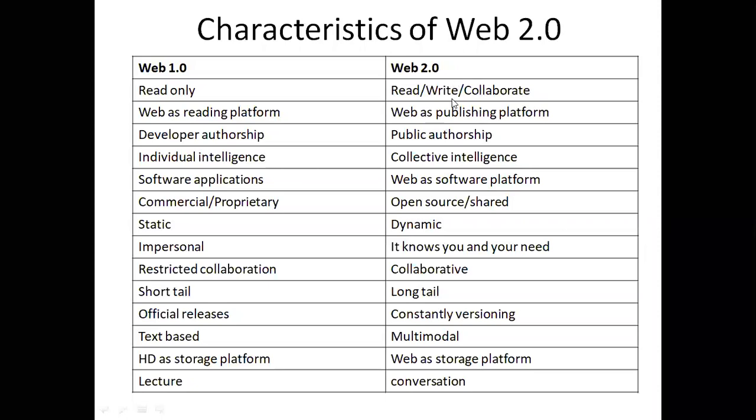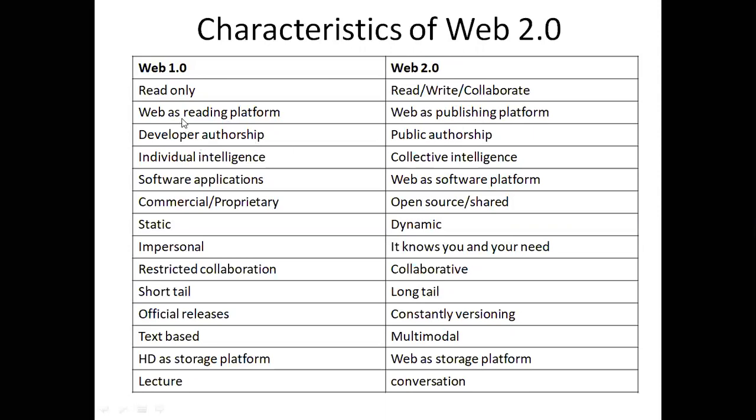You can read, you can write, and you can even go for collaboration. Web 1.0 was a reading platform, just to read whatever content you wanted. Whereas 2.0 was advanced and also a publication platform. If you want to publish something, you are innovative, you are capable of writing something, you can do it here.